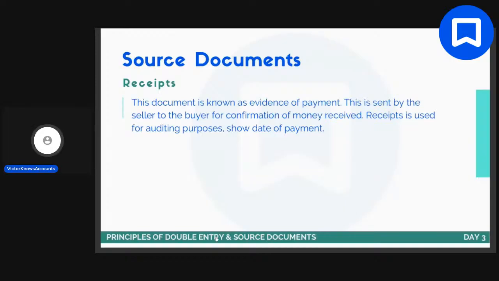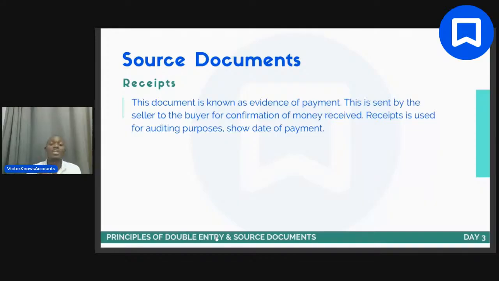So the question we want to answer is, what type of transaction is this source document an evidence of? The receipt is an evidence of payment. Just as the name implies, it shows that you have received cash from somebody, you have received money, you have received payment. It is sent by the seller to the buyer for confirmation of money received.